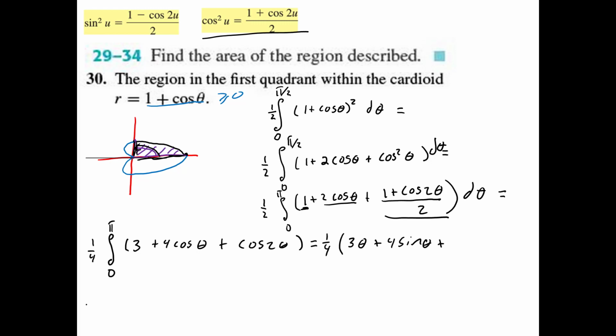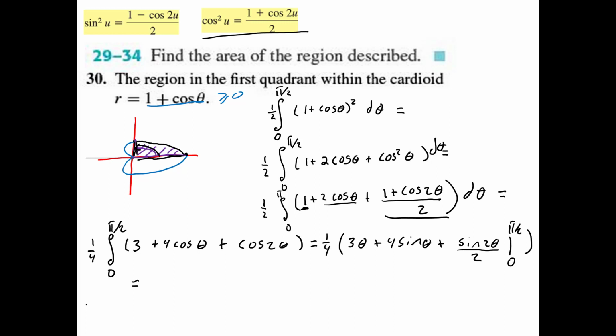What do I take the derivative of to get the cosine of 2 theta? Well, I need the sine of 2 theta, and then I would need an extra factor of 1/2 to cancel out the factor of 2 that's going to come out from that. And we're going to evaluate this from 0 to pi over 2. I forgot the over 2. Pi over 2. There we go.